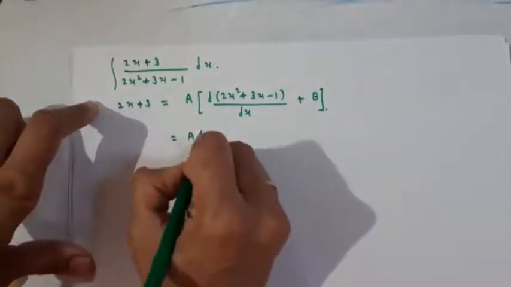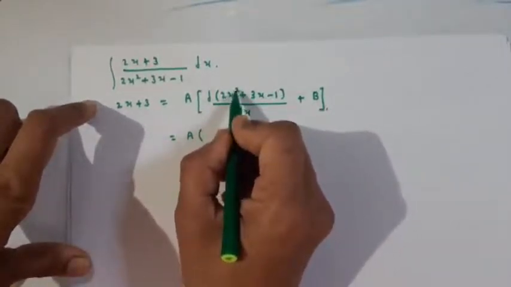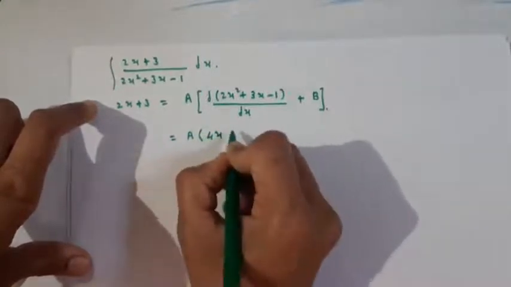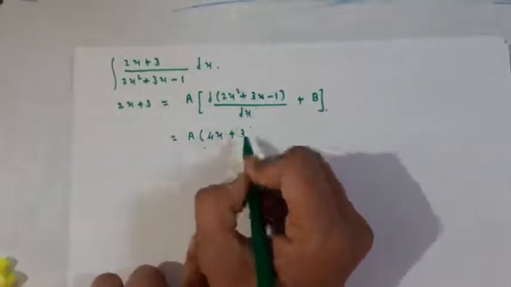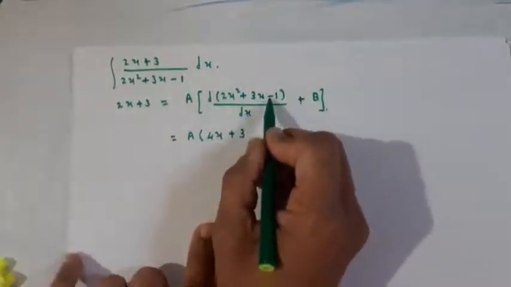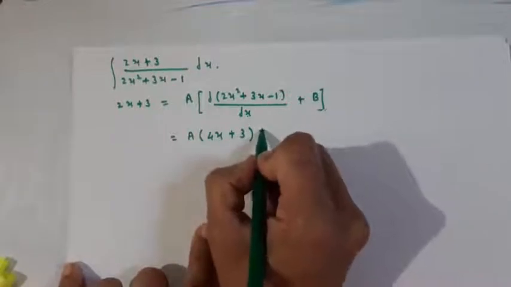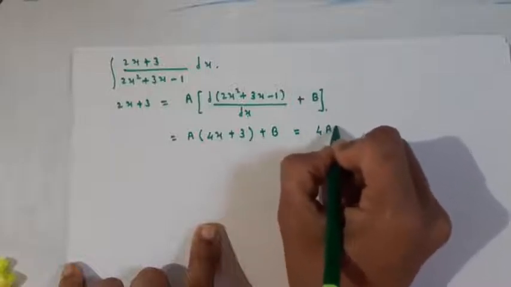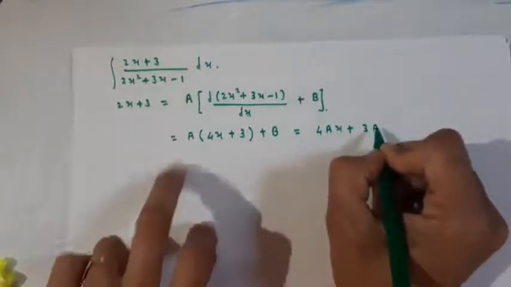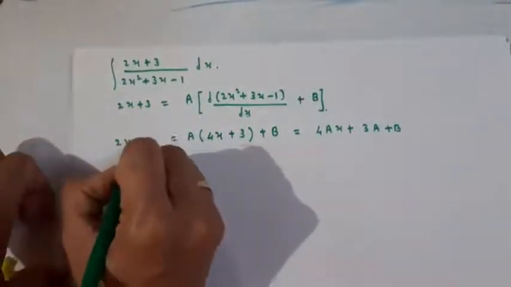Okay, and this is a into, differentiation of 2x square is 4x, plus differentiation of 3x is 3, minus differentiation of 1 is 0, that's why a into 4x plus 3 plus b, and this is equal to 4ax plus 3a plus b, and this is equal to 2x plus 3.